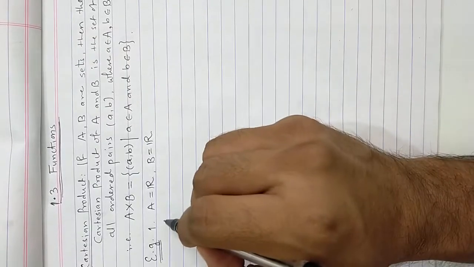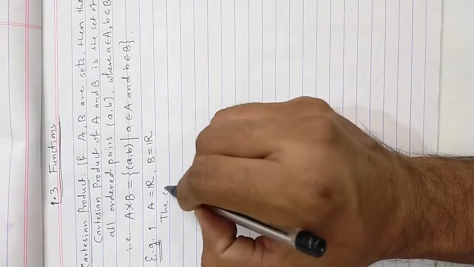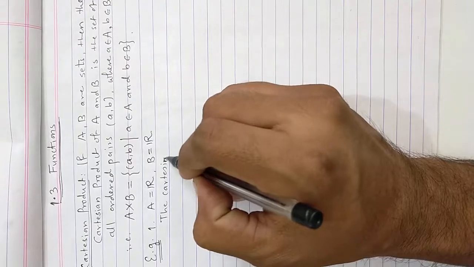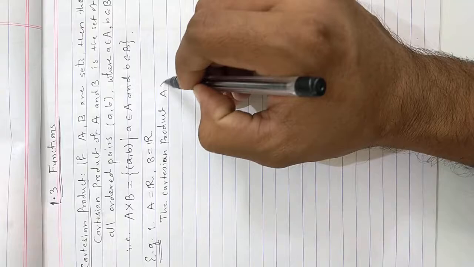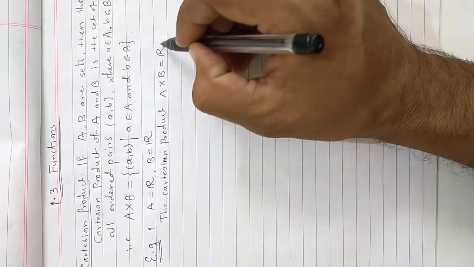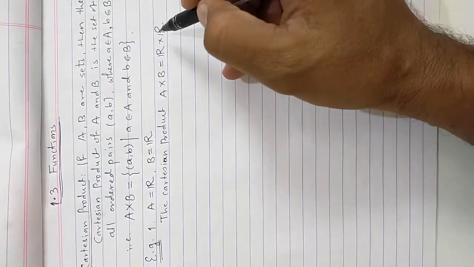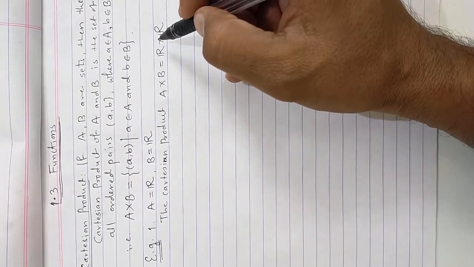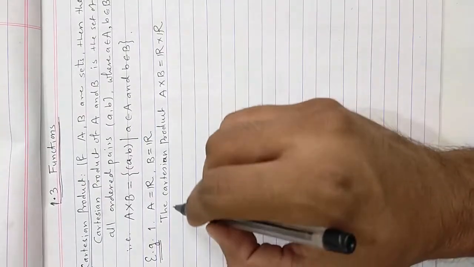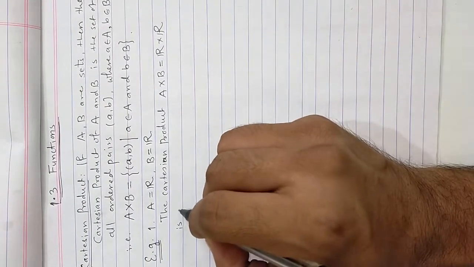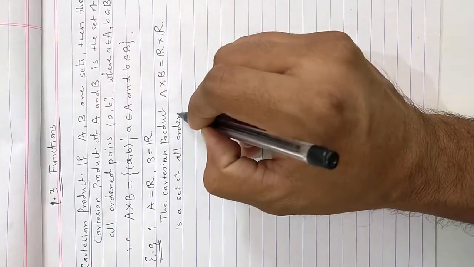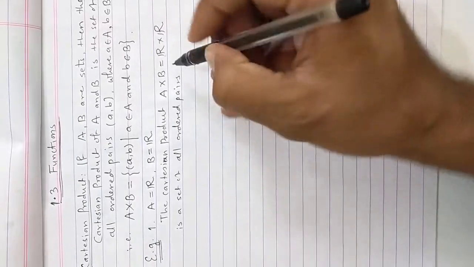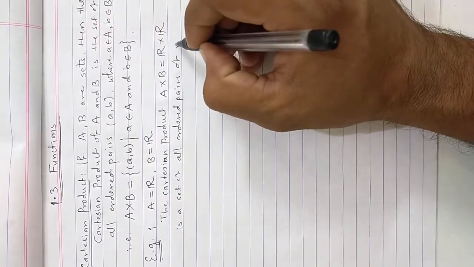So the Cartesian product A cross B will be R cross R, which will denote the set of all ordered pairs of real numbers.